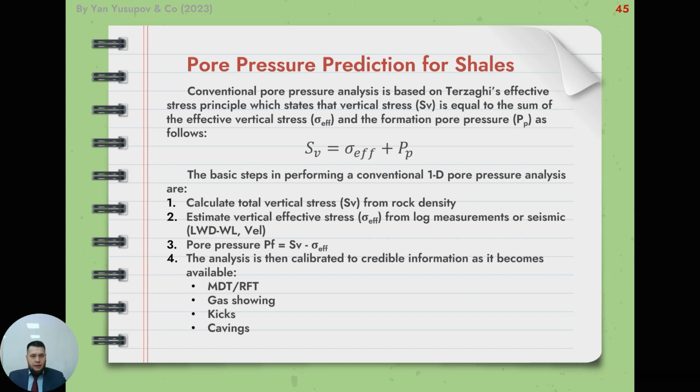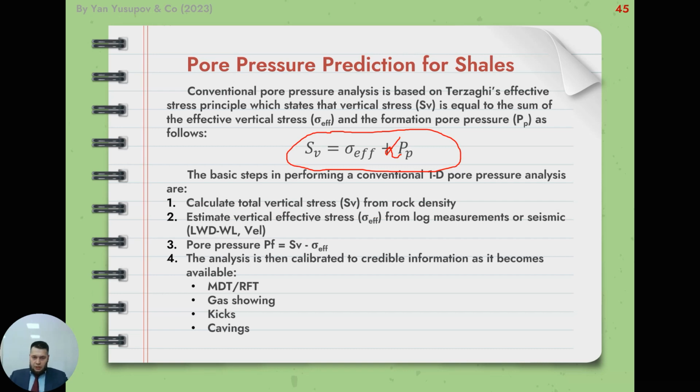Okay, and conventional pore pressure analysis is associated with shales. The effective vertical stress by Terzaghi, as I said before, is the difference between total stress and pore pressure. But this is the equation in another form, where total stress equals effective stress plus pore pressure. Maybe a Biot coefficient here.